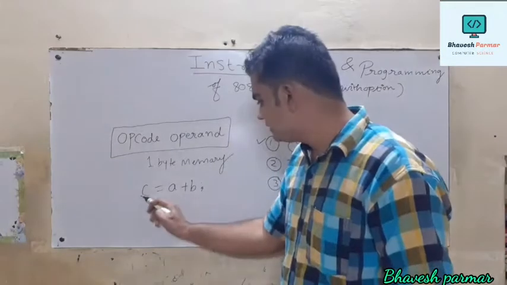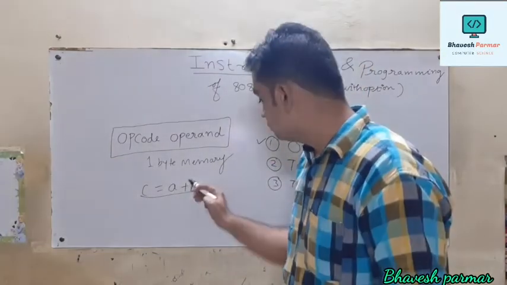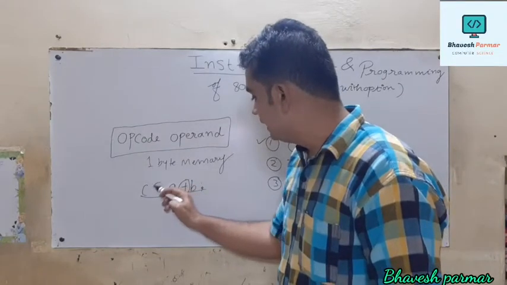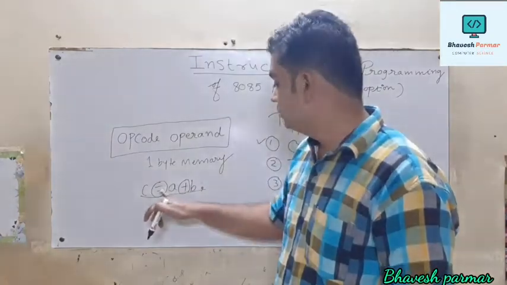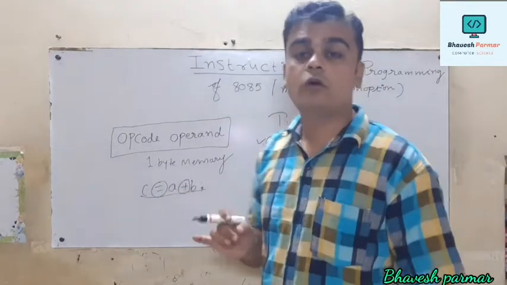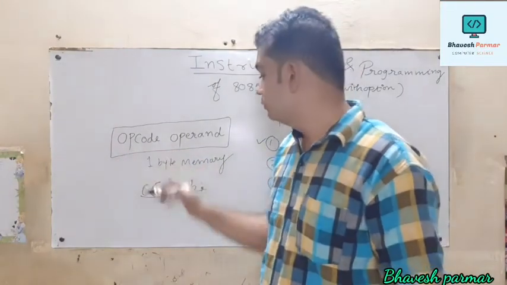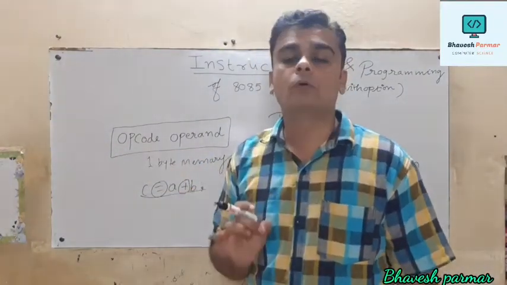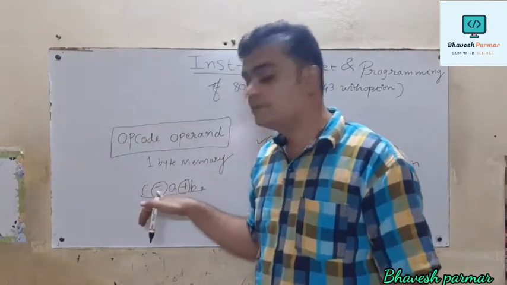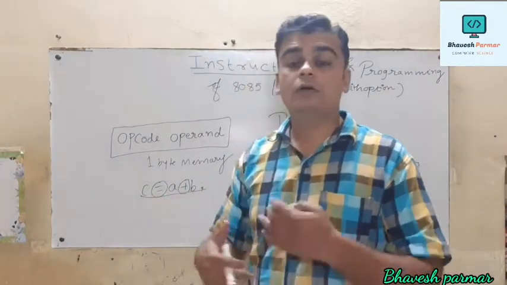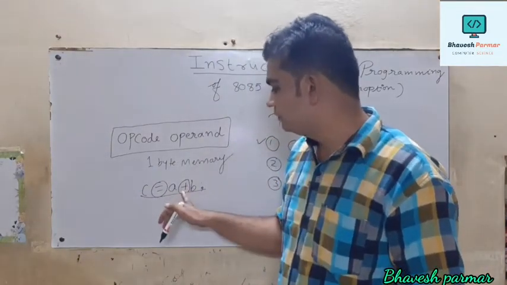In this statement, what are the operations we are going to perform? The first operation is addition, and the second operation is equal to, that is, we are going to store the result. Equal to and plus are called operations, but from our microprocessor point of view, we call them opcode, that is, operation code. On whom are we going to perform these operations?